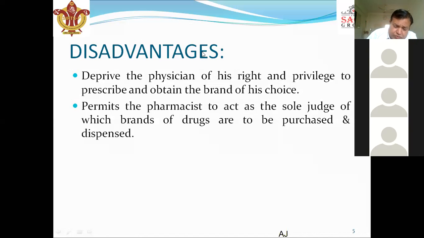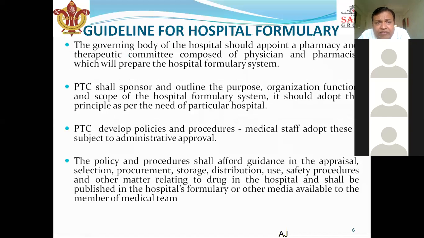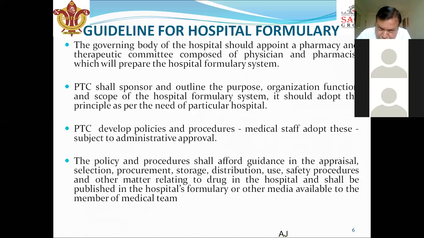So, hospital formulary we have seen. Now, guidelines for hospital formulary. The governing body of the hospital should appoint a pharmacy and therapeutic committee. That, I told you, is PTC. PTC is also a very important topic. I will tell you in the third unit.